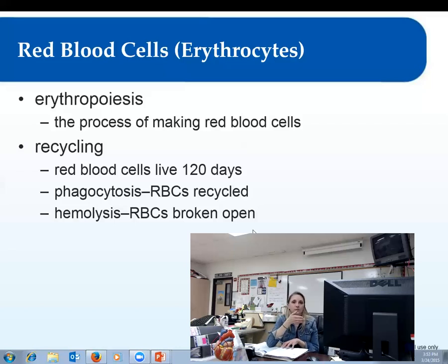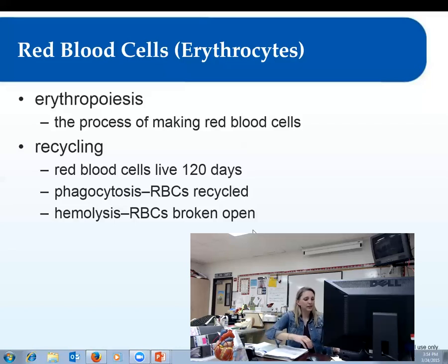Hemolysis is the end result of the end of that life cycle. Hemo is blood, lysis is destroy, so literally they rupture open. And in light of that, our body scavenges for things it can use. So hemoglobin molecules and so forth either get reused or get stored, and they undergo phagocytosis as well.